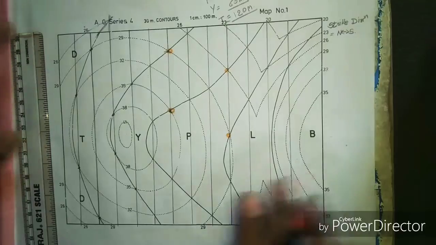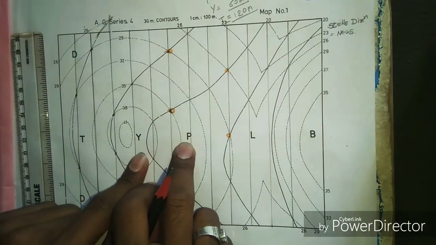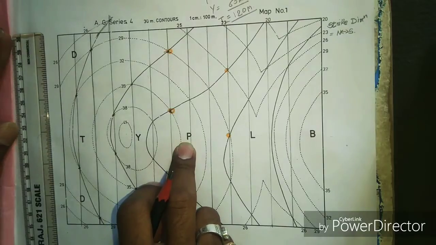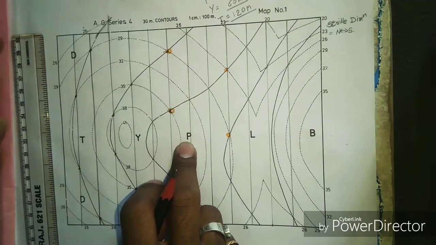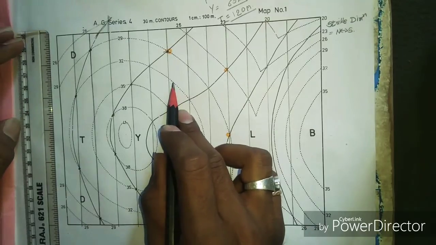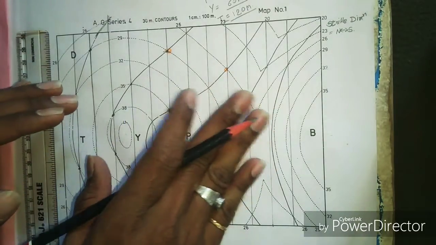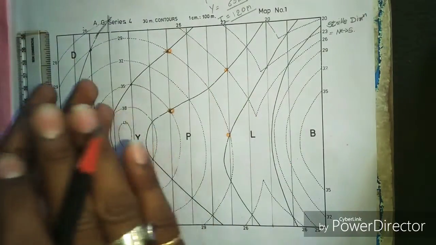Okay, so now how to identify the dip direction. Dip is nothing but the angle of inclination of these beds with respect to the horizontal plane. That means in which direction these beds are dipping or inclining.